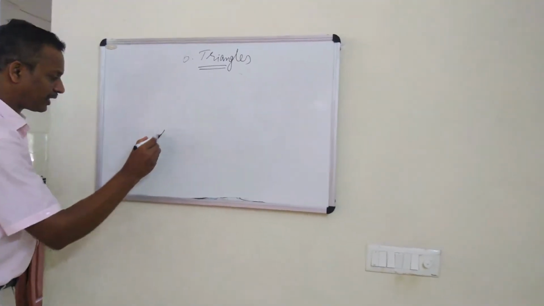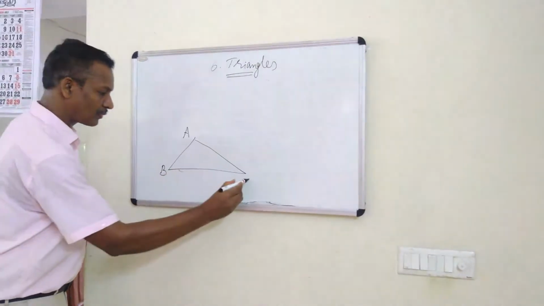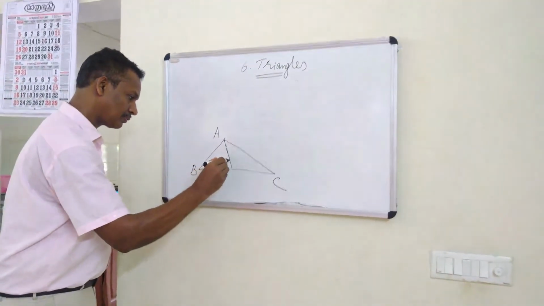So this is triangle ABC, and this is the bisector AD.